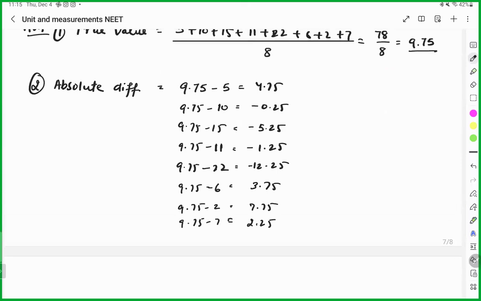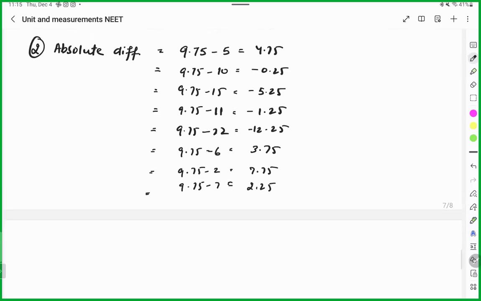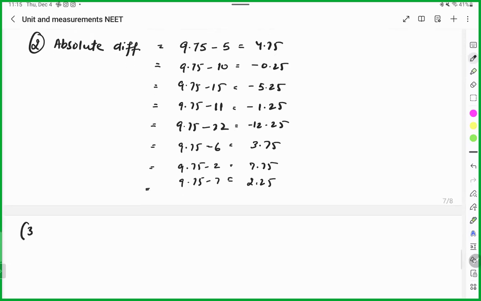For every case, there will be a different absolute difference. Now in the third situation, you have to calculate the mean absolute difference, the mean of this. Very important, when you calculate the mean, you will add all the values irrespective of whether they are positive or negative.